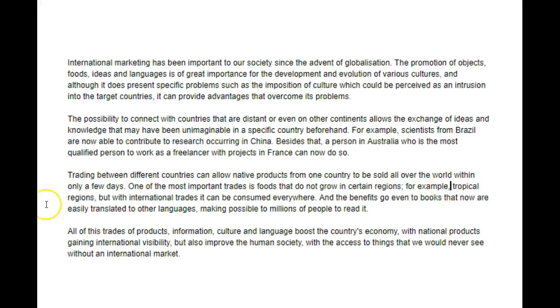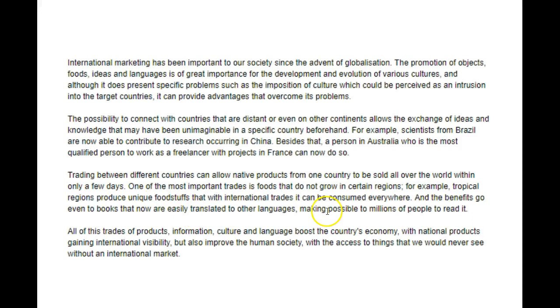For example, tropical regions produce unique foodstuffs that with international trade can be consumed everywhere.